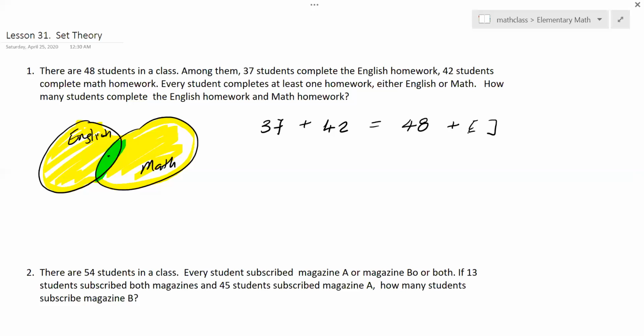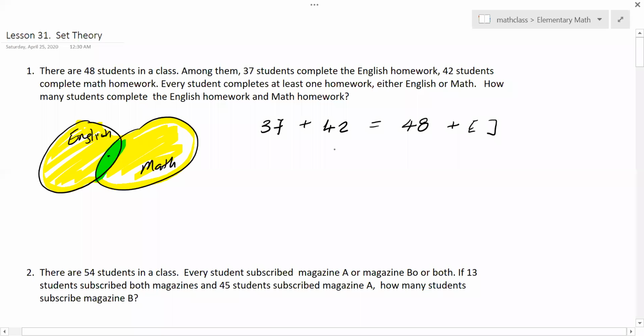But when you add them together, you get more than the total number of students, because the sum is double counted. If you want to make both sides equal, you have to add the number of students who are double counted, because otherwise they're not equal to each other.